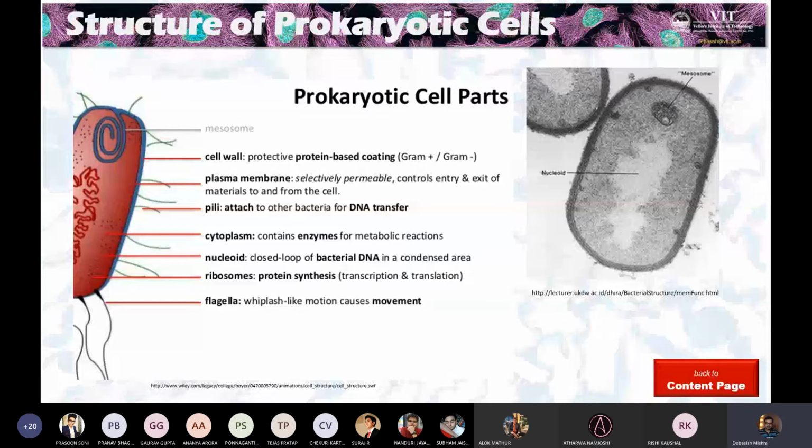Then we have the plasma membrane. If you do not have a membrane, you do not have a living organism. You have this liquid or gravy-like material, that is your cytoplasm. It has to be outlined by a plasma membrane, which is very flexible.